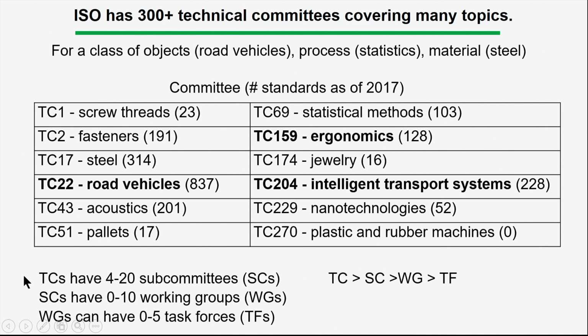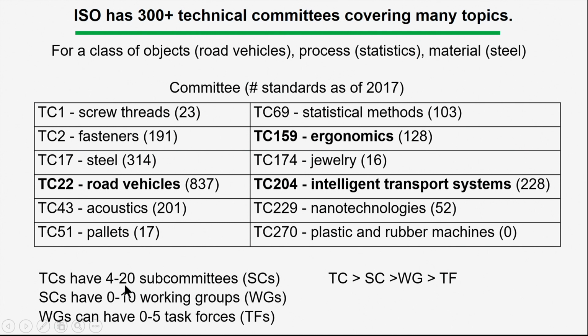Organizationally, ISO is founded around technical committees. Depending upon the technical committee, they can have anywhere from 4 to 20 subcommittees. In ISO lingo, they're referred to as SCs. Subcommittees can have working groups anywhere from 0 to 10. So technical committees have subcommittees, subcommittees have working groups, and working groups have task forces, and the number can vary from 0 to 5.